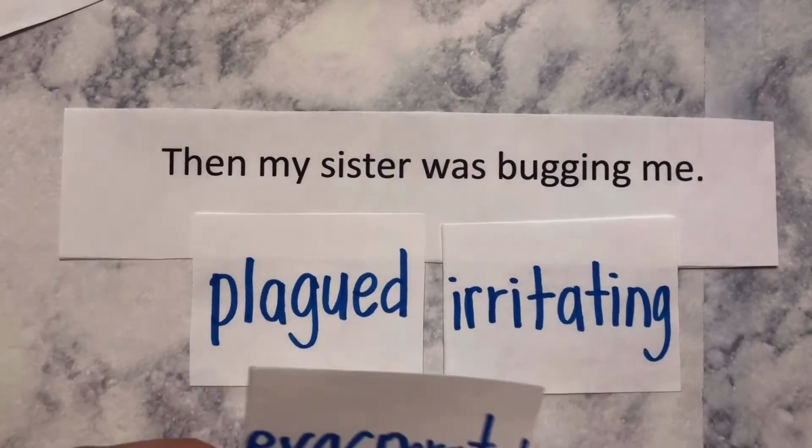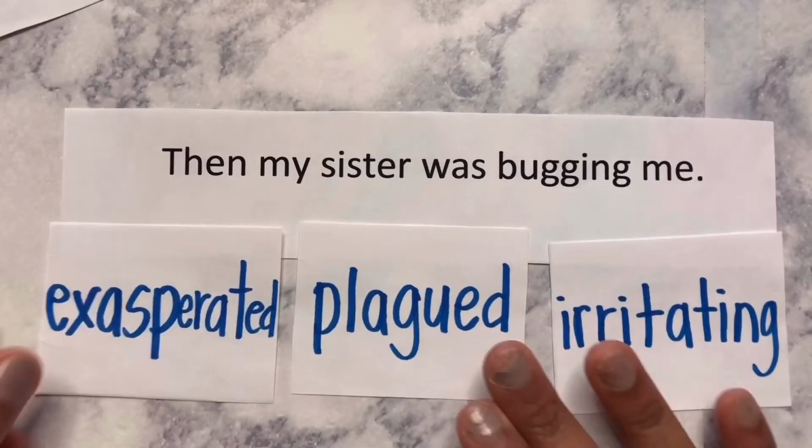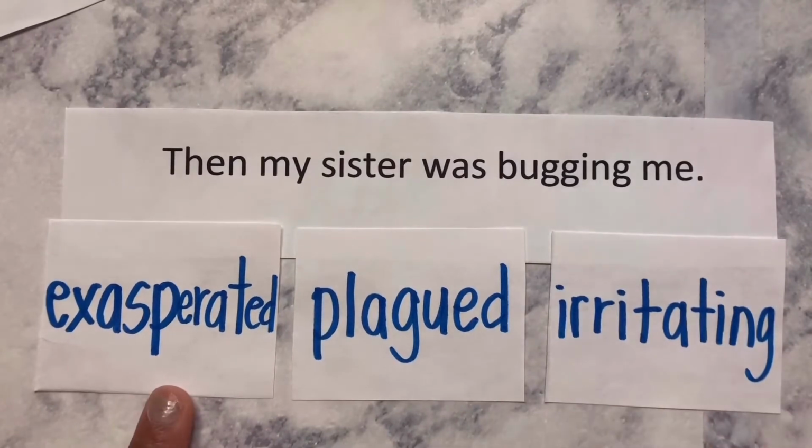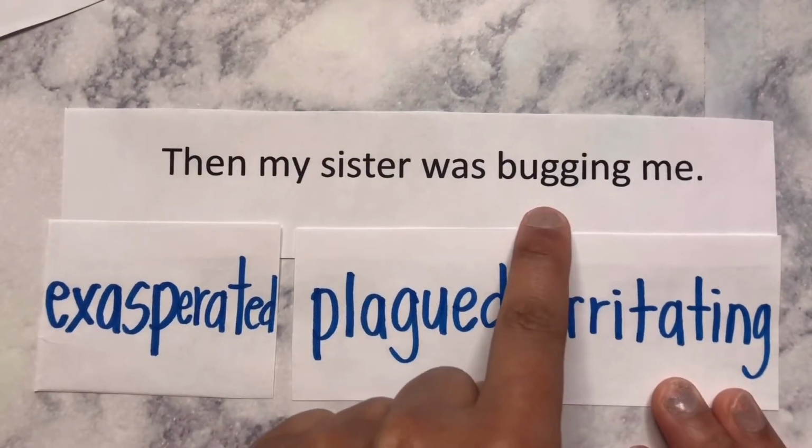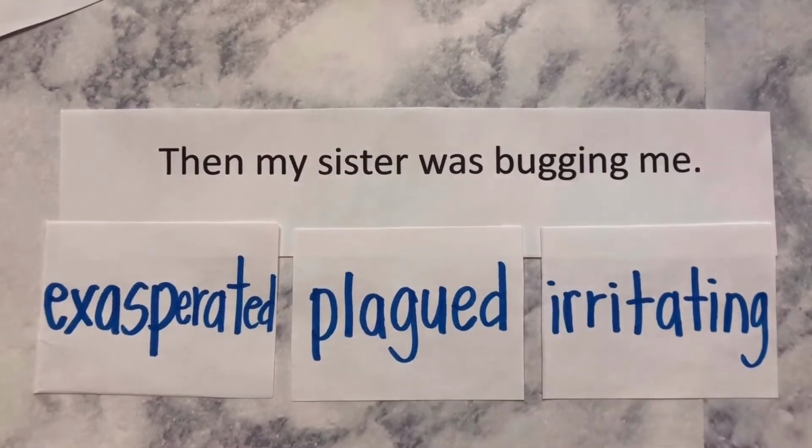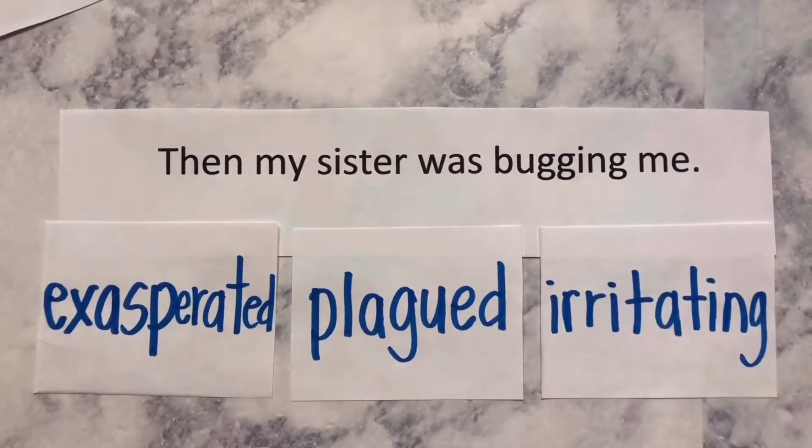Or we can use the word exasperated. I was exasperated with my sister. So these are words that mean the same thing as bugging, and we call these words synonyms that are related to that word as a different way of saying them, but it is a tier 2 word, vocabulary word, that is not as commonly used as bugging.